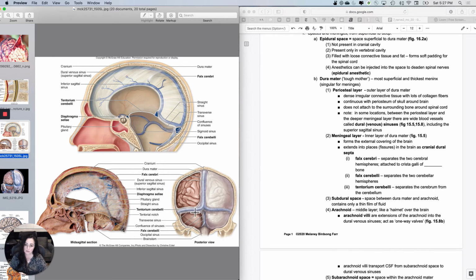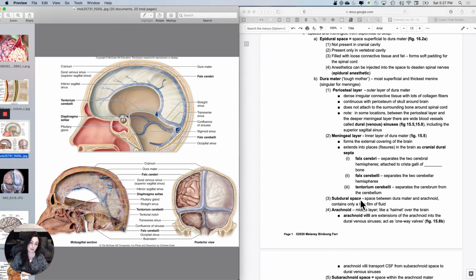Not the blood vessel, but the dura mater that's going in there. And that's called the tentorium cerebelli. So 3 basic partitions of dura mater that fold into the brain in 3 different places, called the falx cerebri, the falx cerebelli, and the tentorium cerebelli.